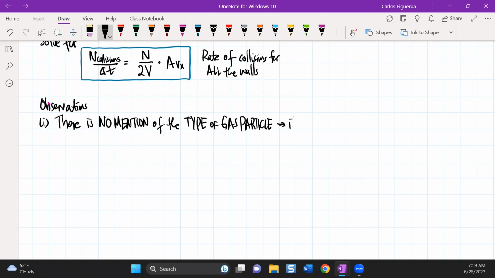That implies it's independent of gas. Okay, that's important right there.